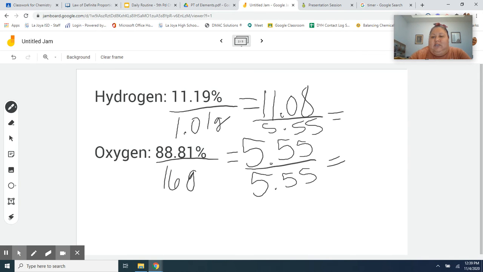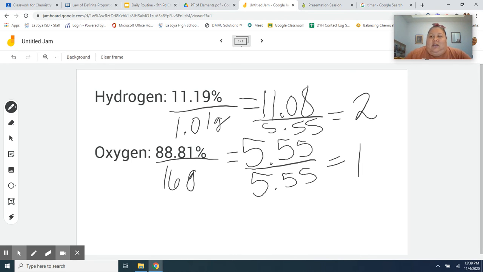Anytime you divide the same number by the same number, you get 1. Now, if you divide 11.08 divided by 5.55, look at that answer. 1.99. If you were to round that, you would end up with 2.